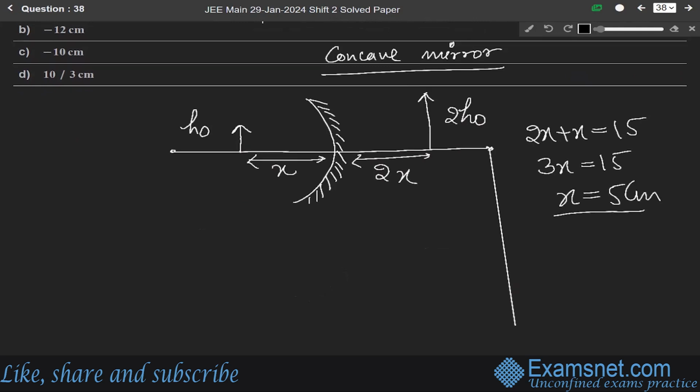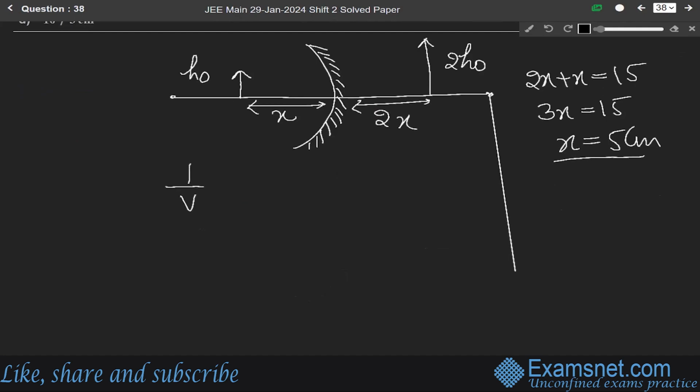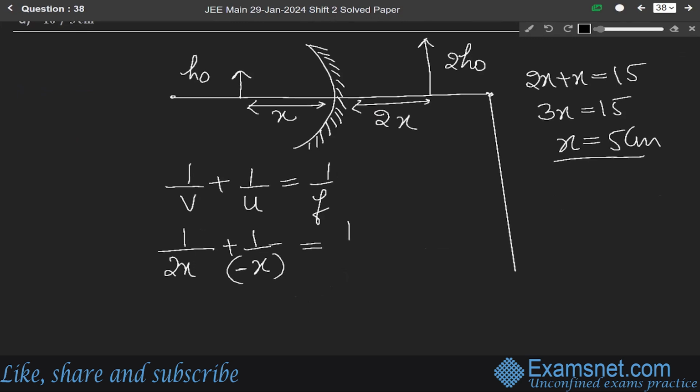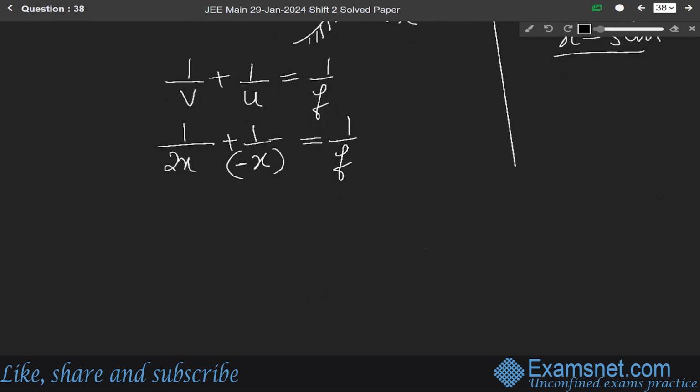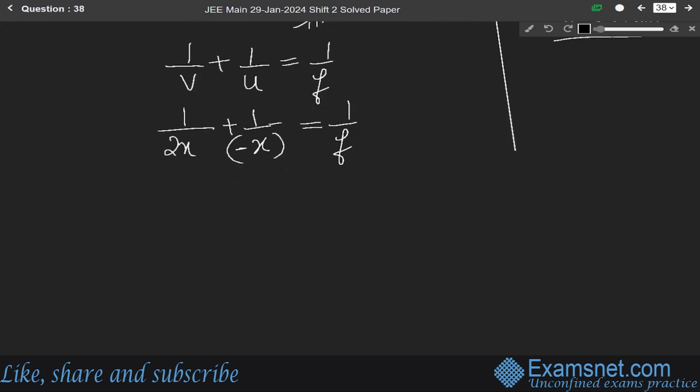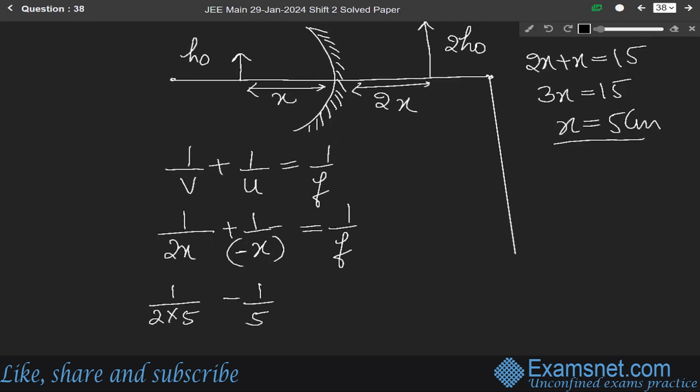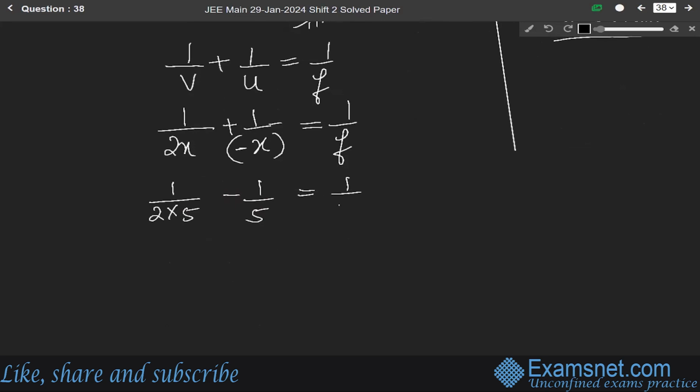Now using the formula 1 over v plus 1 over u is equal to 1 over f. 1 over v is 1 over 2x. 1 over u is 1 over x, but with a negative sign according to sign convention, equals 1 over f. So x is 5. So 1 over 2 into 5 minus 1 over 5 equals 1 over f.